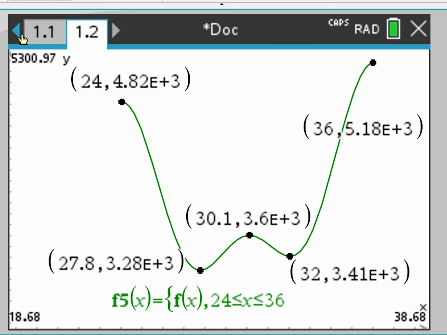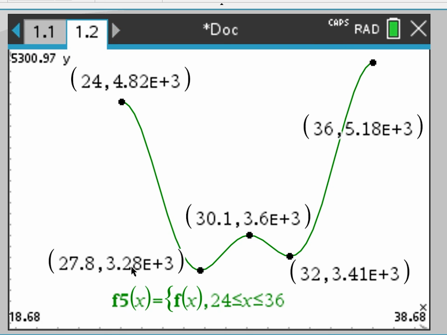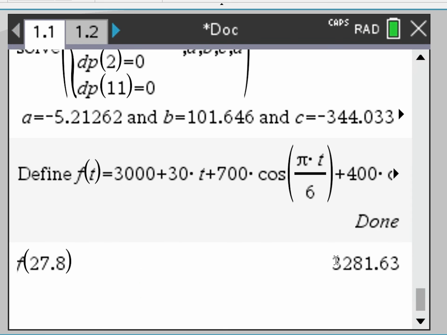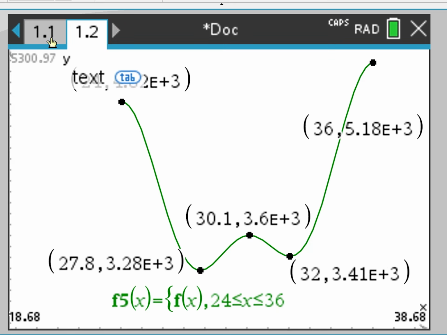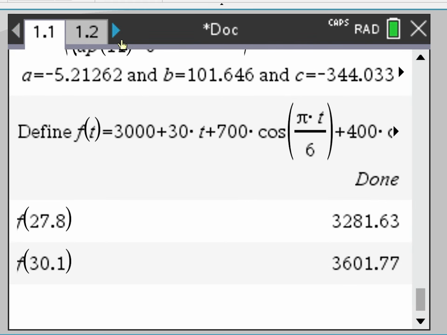So f of 24, which is already given on the graph, so we just have to continue from there. So f of 27.8. The only reason why I'm substituting the values in is to get rid of this e plus 3. That's basically saying 3.28 times 10 to the power of 3. But I want the decimal, which will be better. So let's label that. Actually, let me just get all of the coordinates first. So f of 30.1, okay.